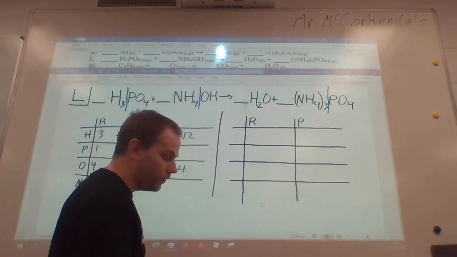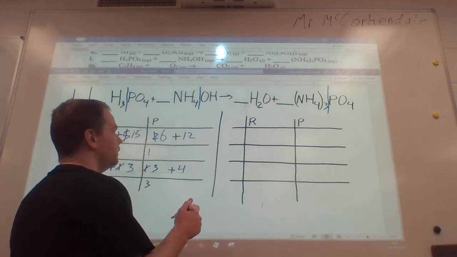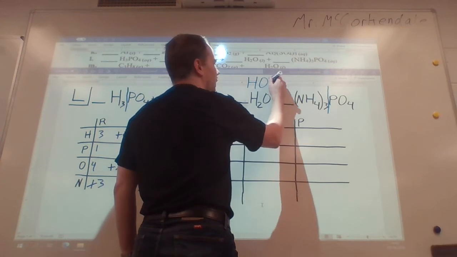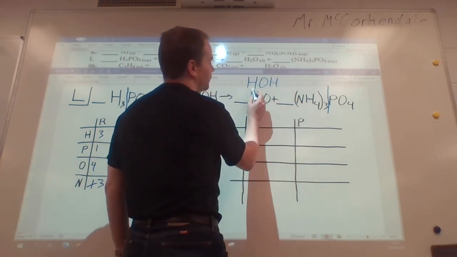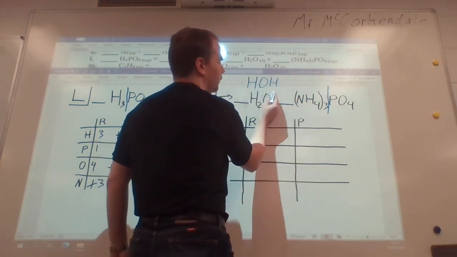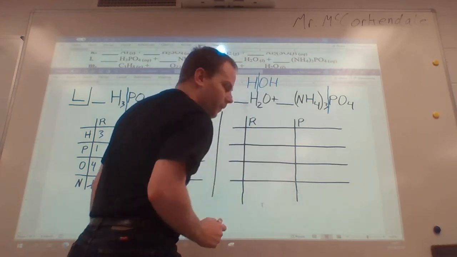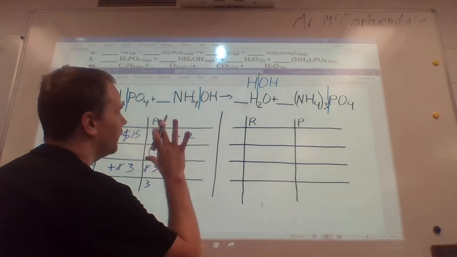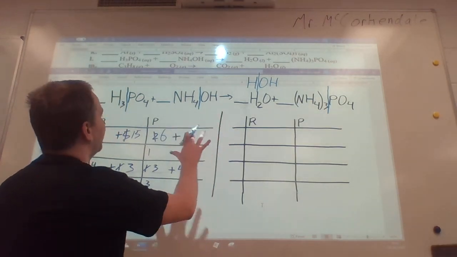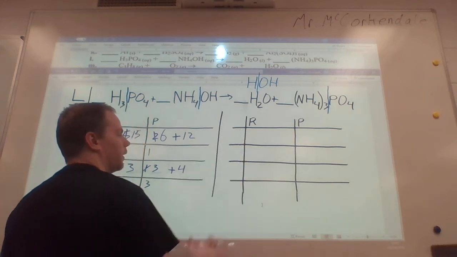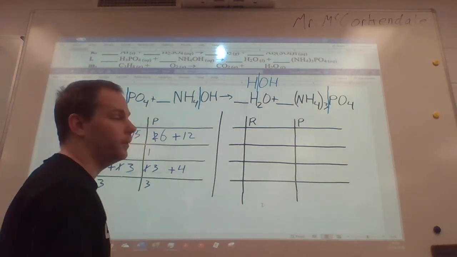The ionic way to write water is HOH, or hydrogen hydroxide. Hydroxide is our polyatomic ion, and so this would be our split. And so with this method, we now list these on the sidebar here instead of listing individual elements.